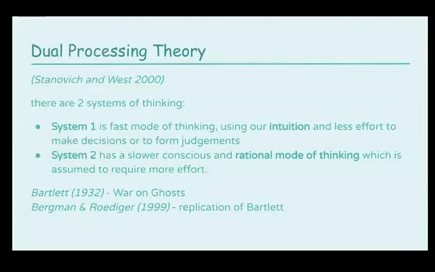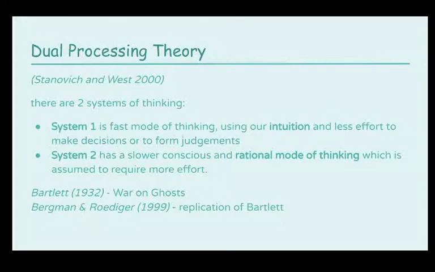For System 2, it has a slower, conscious and rational mode of thinking, and we assume that it requires more effort because you have to actually think and ponder about your decisions.